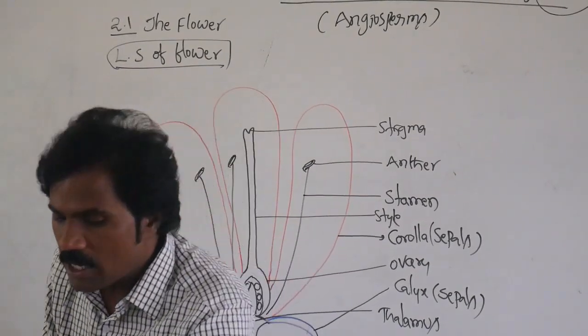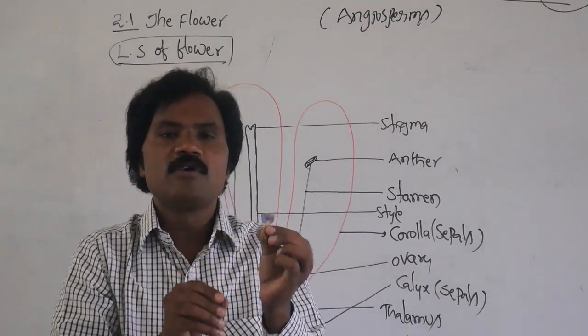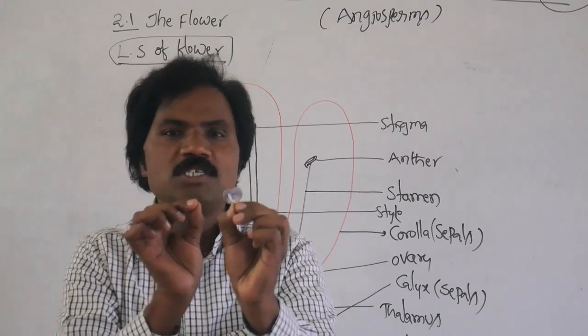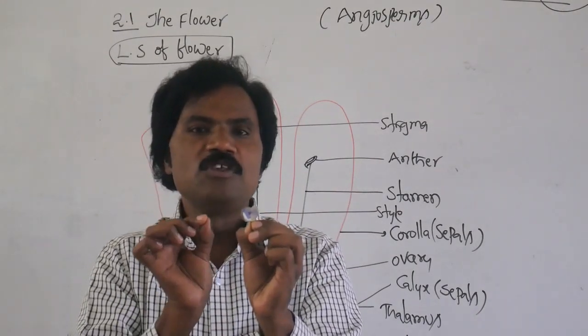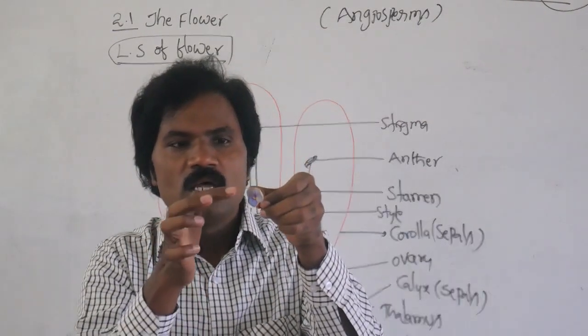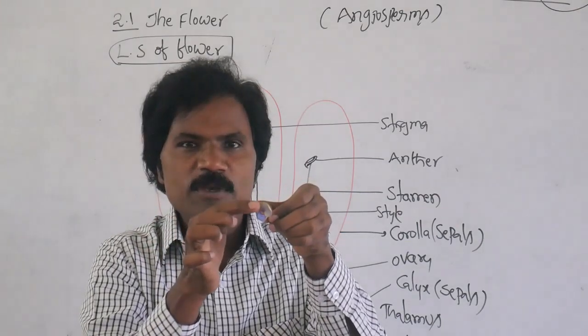If you observe another type of flower, it is normally regarded as a papilionaceous flower. In this flower, the outer one, the standard, called the vexillum, is present.